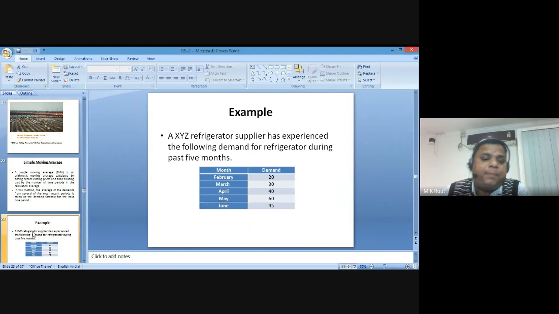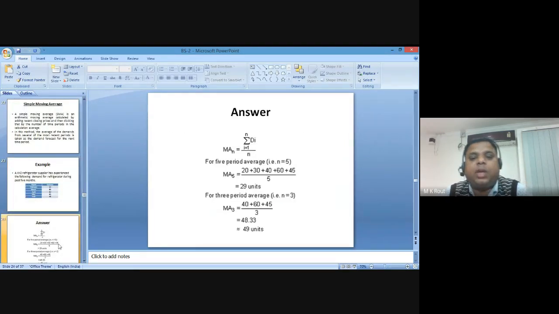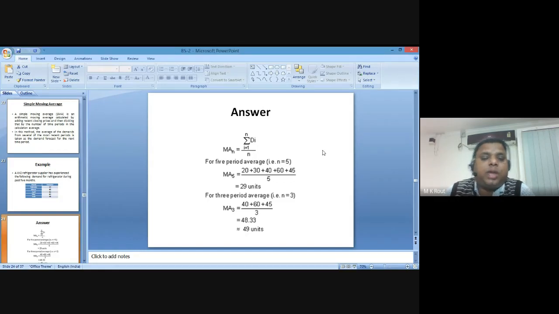you directly apply the formula. The formula is: moving average for next month equals the summation of demand divided by the number of periods. Suppose I ask you to go for the 5-period moving average and calculate the demand forecast for the month of July.